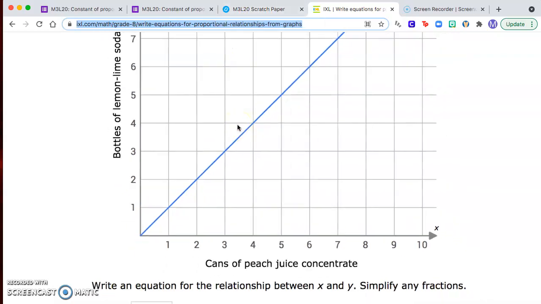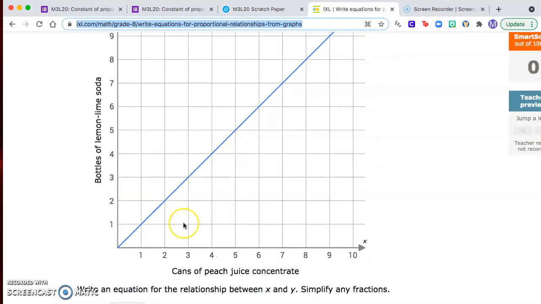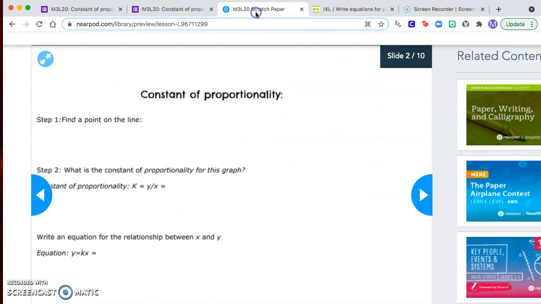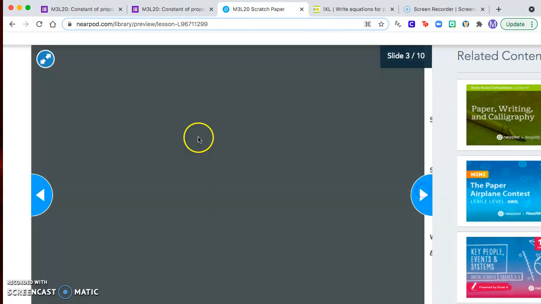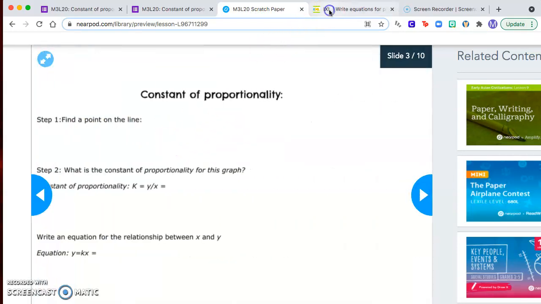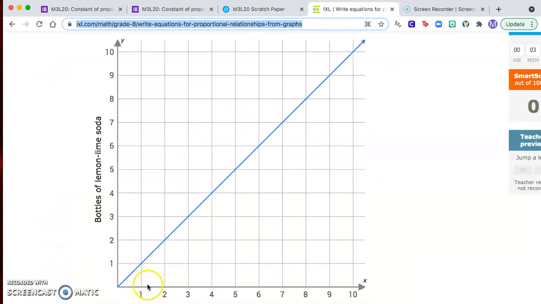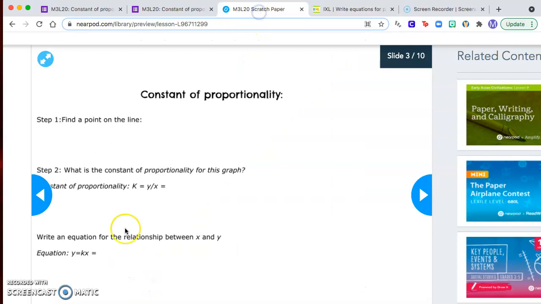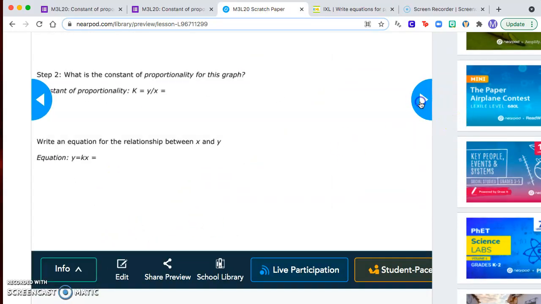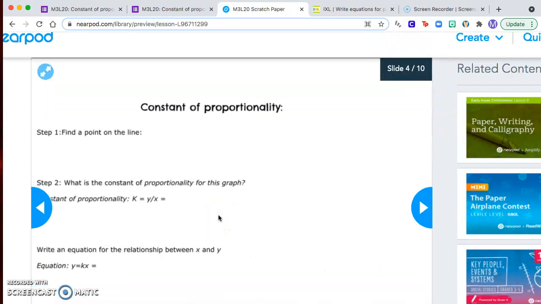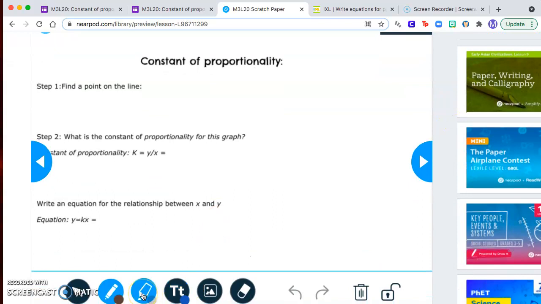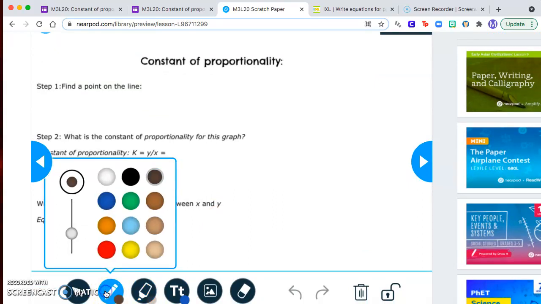To find the constant of proportionality, all you have to do is find a point on the line, and here that would be 1 for x and 1 for y.